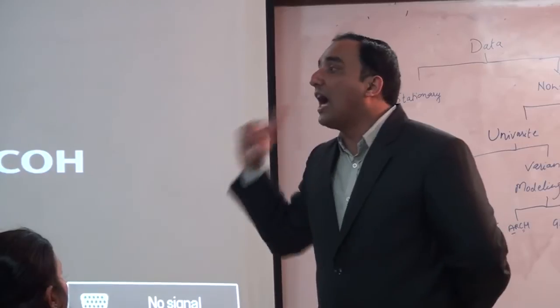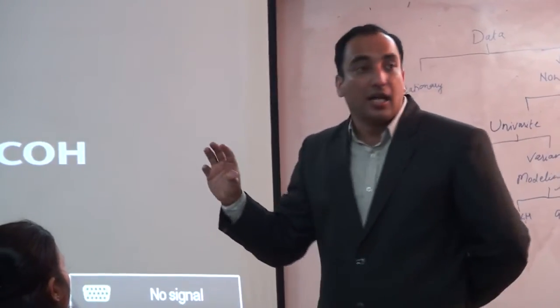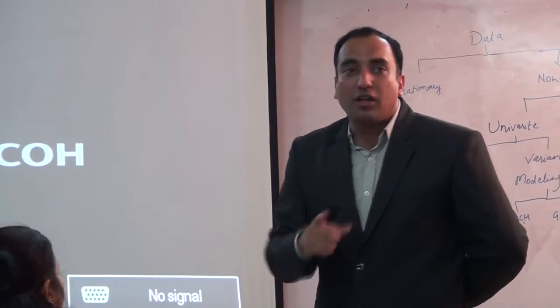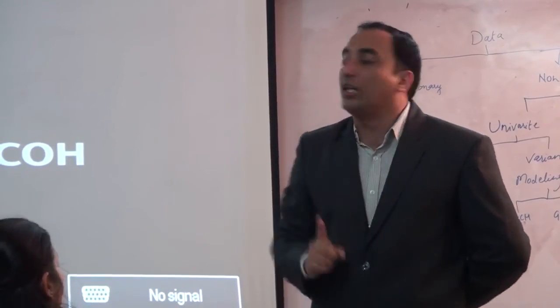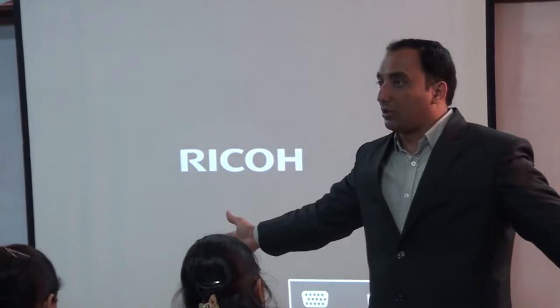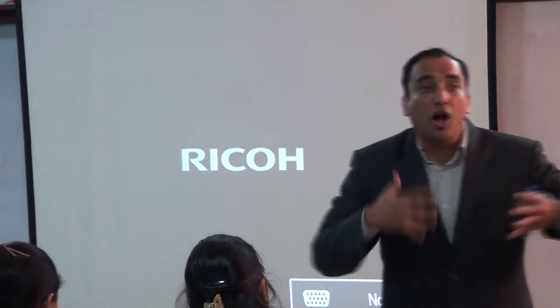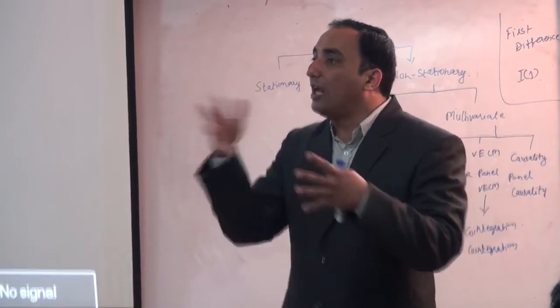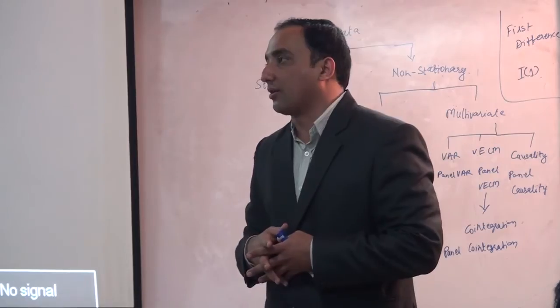So VAR itself is a little bit complicated. In a panel data setting, it becomes much more complicated. Because in a normal time series, we are handling only one cross section. Now we are having multiple cross sections. Right? So is there a VAR among variables or a VAR among cross sections?